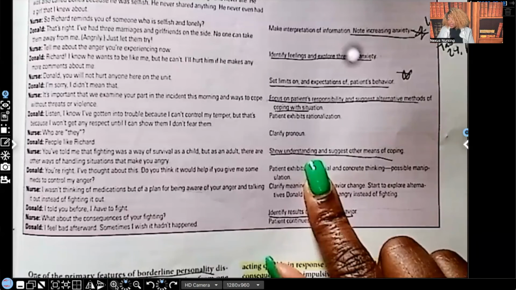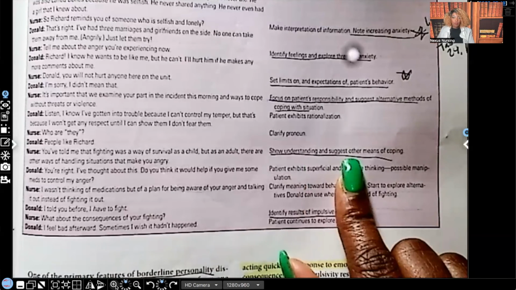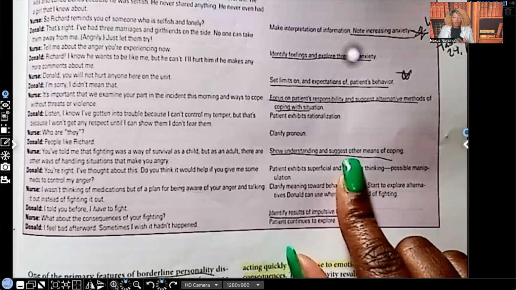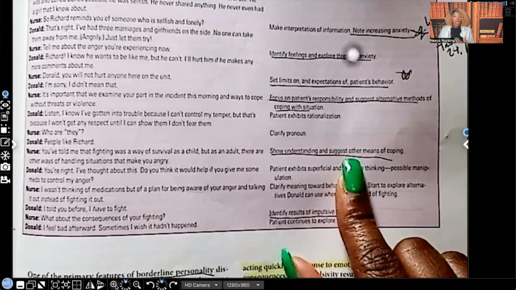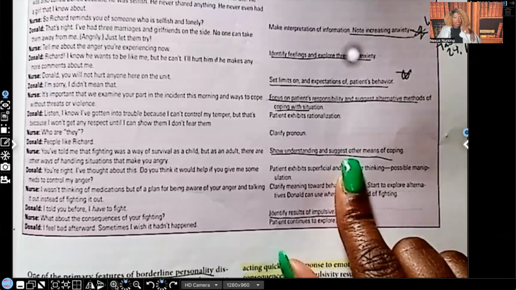Show understanding and suggest other means of coping. You have to get to know your patient, figure out what they like to do. If they like to draw, when they feel like their anxiety starts to rise, instead of lashing out physically, pull out your pen and your pad and start drawing.